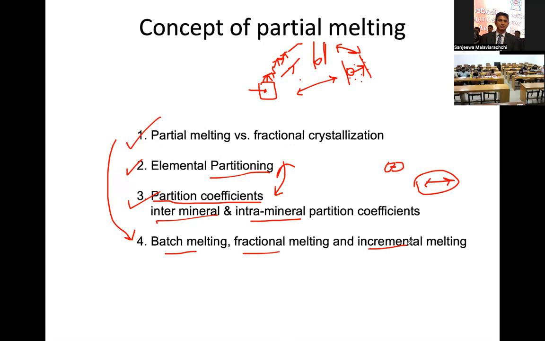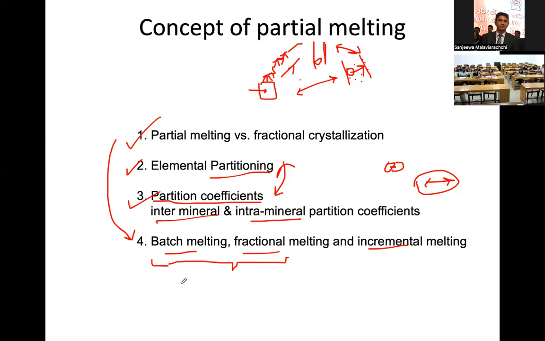There are other mixed types of melting also in nature, but at this undergraduate level, we have to understand these two melting mechanisms, batch melting and fractional melting. Incremental melting might not be considered at this level because it's a little bit complicated compared to these two. So we will see gradually about these aspects.